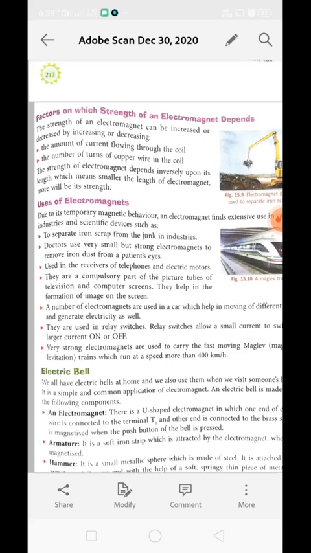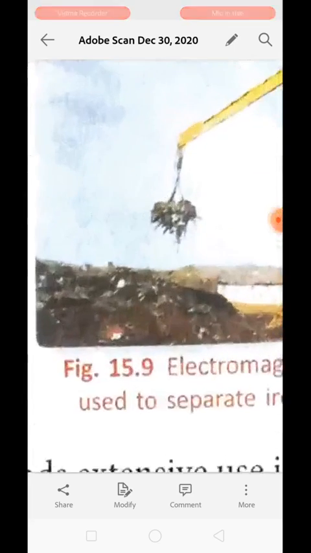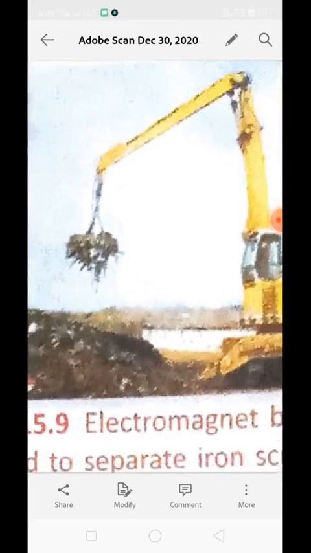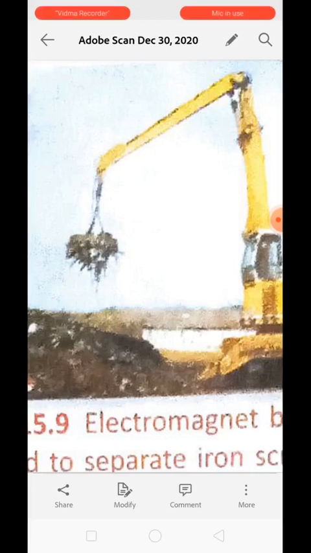If we are increasing the amount of electric current, then obviously the strength of electromagnet will increase. And if we are reducing the amount of electric current, obviously the magnetic property of the electromagnet will be decreased. Now the next is the number of coils or turns of copper wire in a coil.